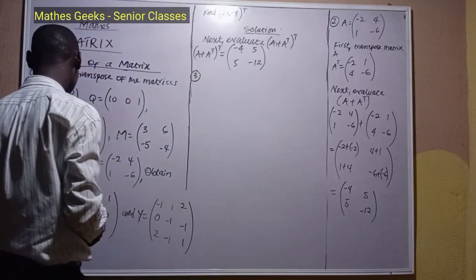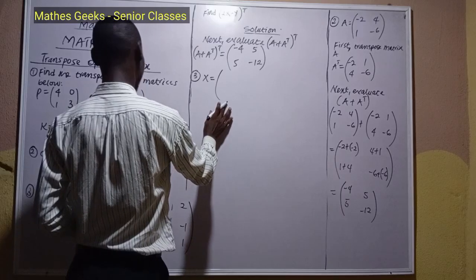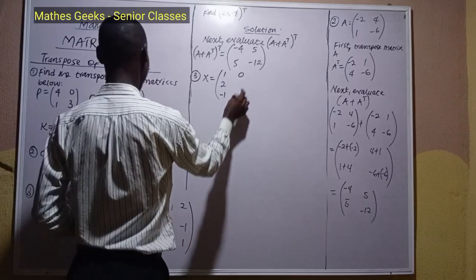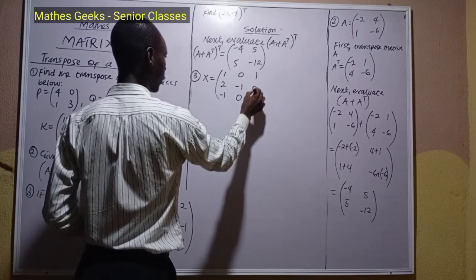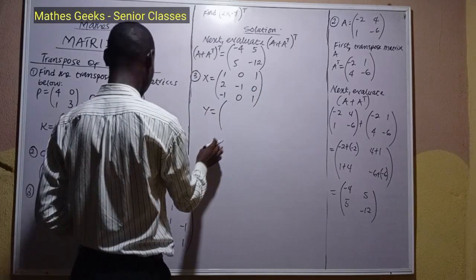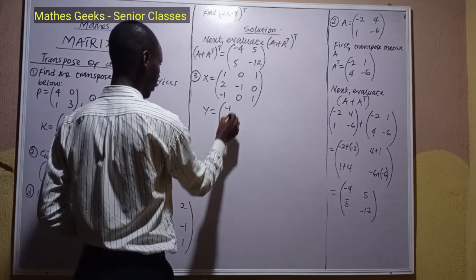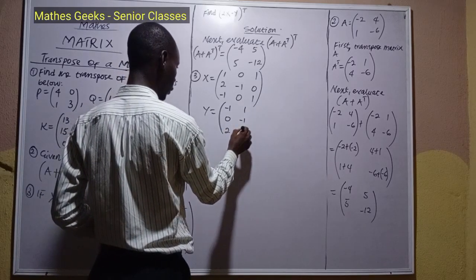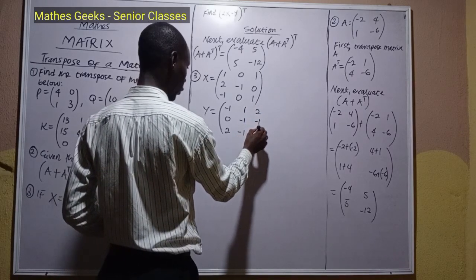Number 3. If X is equal to 1, 2, -1, 0, -1, 0, 1, 0, 1, and Y is -1, 0, 2, 1, -1, -1, 2, -1, 1.